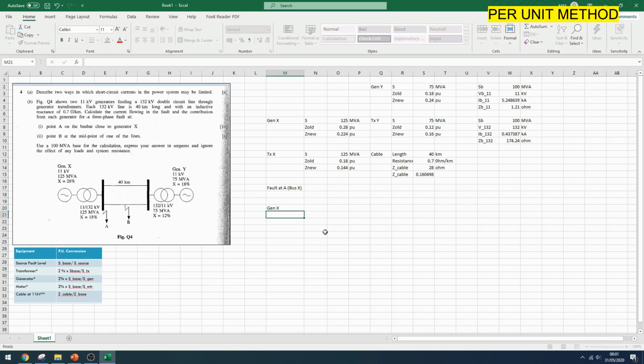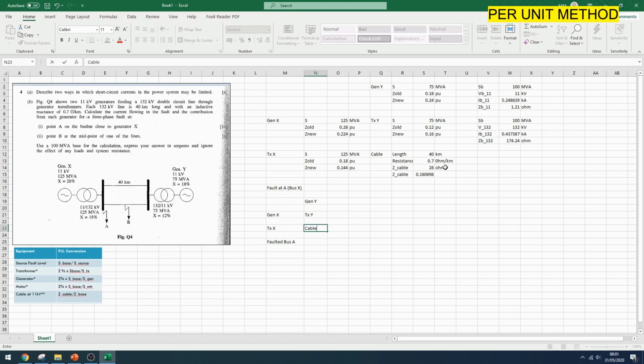So generator X, then you have your transformer X, then you have your faulted bus, bus A. Then looking from here, let's transpose all from the top. So from here you have your generator Y, transformer Y, and also the 132 kV cable.